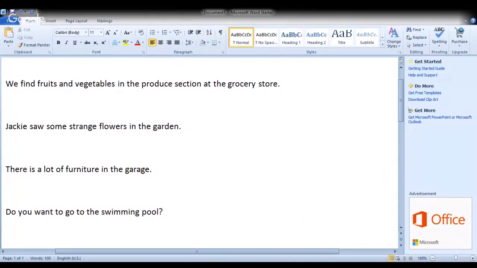So the first sentence here, I think what I'll do is I'll go ahead and read it for you. And I want to explain something after this as well. Okay, so the first sentence says, we find fruits and vegetables in the produce section at the grocery store. Now, this is a very typical American sentence for a couple reasons here.